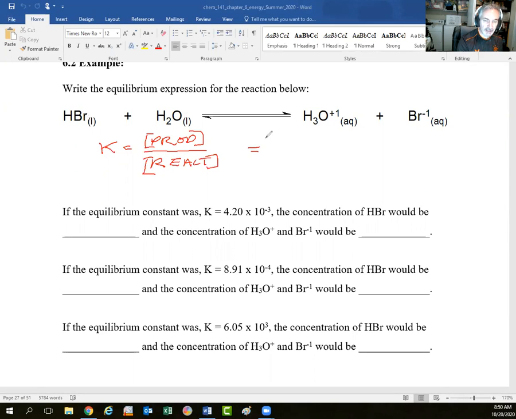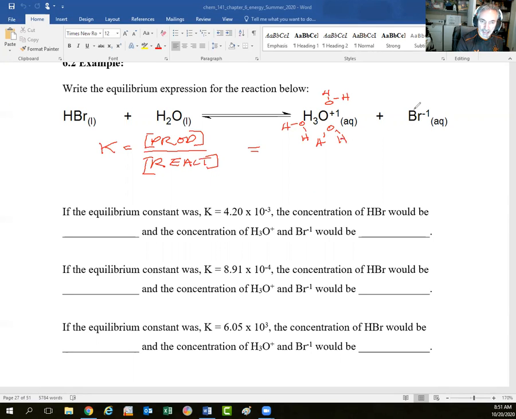Remember our caveats. We don't include solids, but there are none here. And sometimes we don't include water. We don't include it if there are aqueous solutions, which there are. Those hydronium ions are in a solution made up by water as the solvent, surrounded by molecules of water.